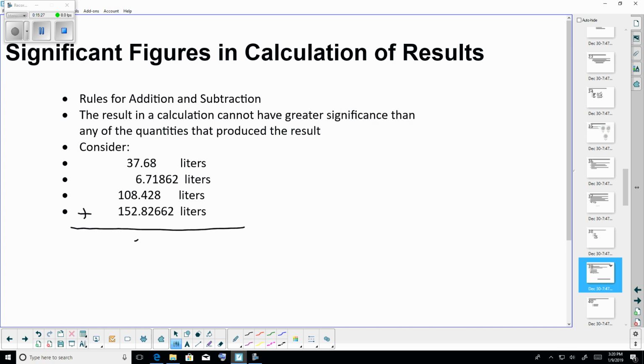So this one has 2, this one has 5, this one has 3, this one has 5. Our answer has to have 2 decimal places. So you do the addition on your calculator, whatever that adds up to, and then round off to 2 decimal places for addition and subtraction.